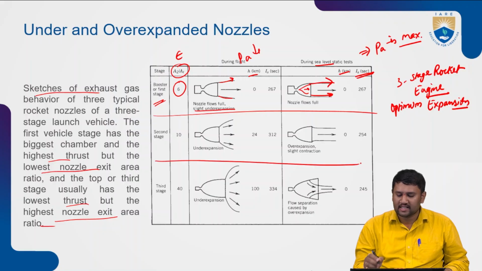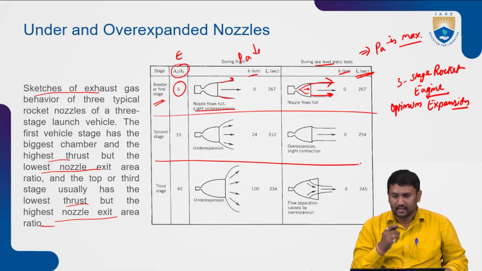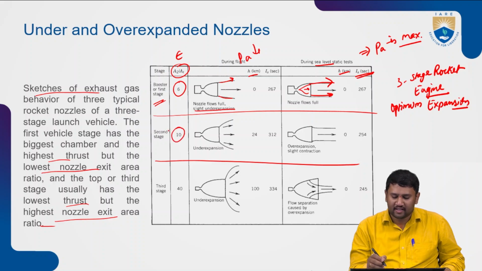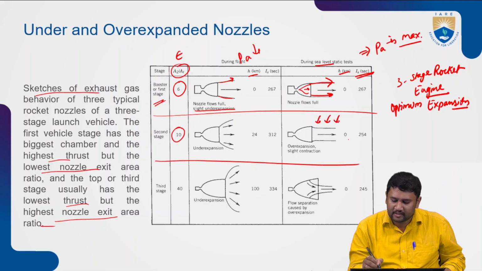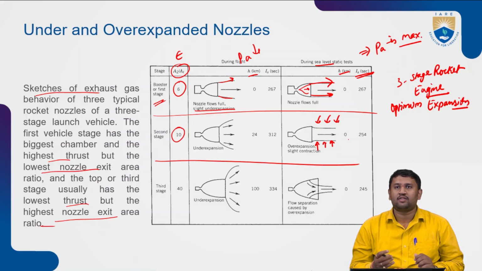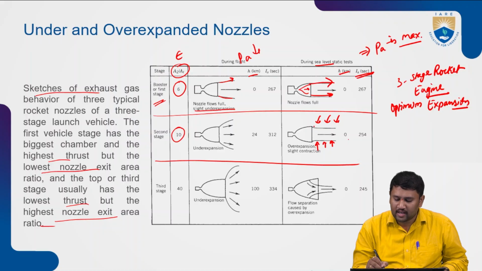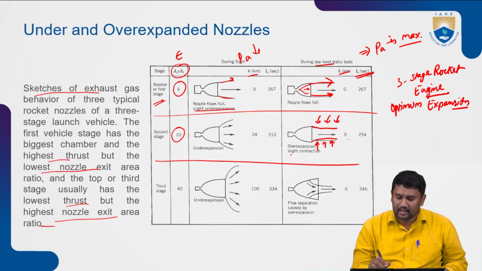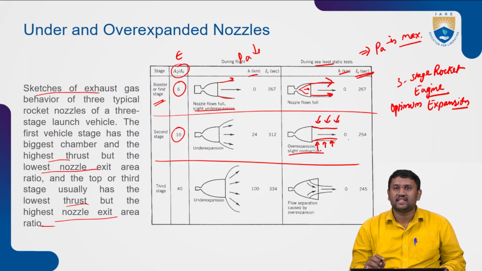Now coming to my second stage, with an area ratio of 10, what happens under sea level? There will be pressure pushing the jet flow inward, towards the center of the nozzle. So the flow tends to overexpand but slightly contracts, meaning it slightly shrinks at the exit if you are testing under sea level.